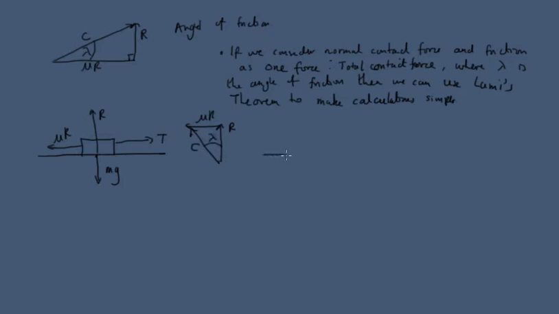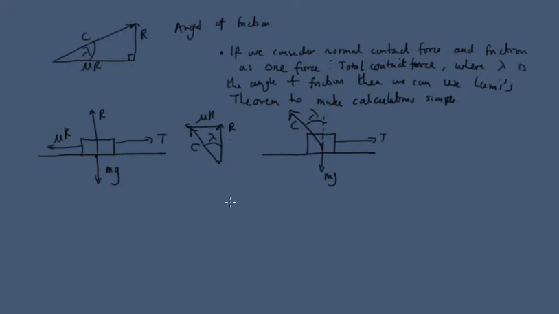So let's redraw our force diagram. We've still got our tension in this direction, we've still got our mass down here, but this time we have C, the total contact force, acting at some angle lambda.